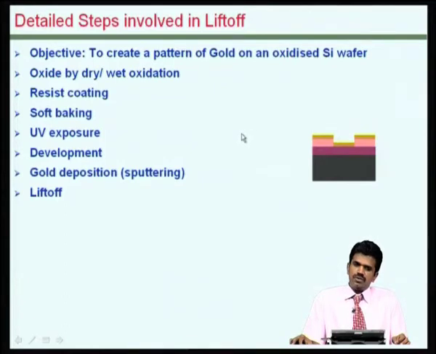So, now if we put it in a solvent in which this resist can be dissolved, as the resist goes away, along with that the metal on top of it will also go away. So, what remains there is a patterned layer of gold.